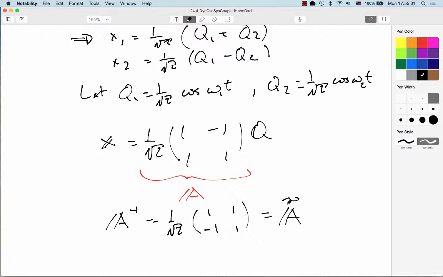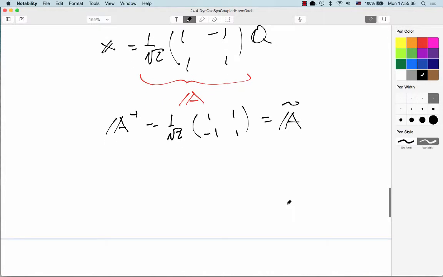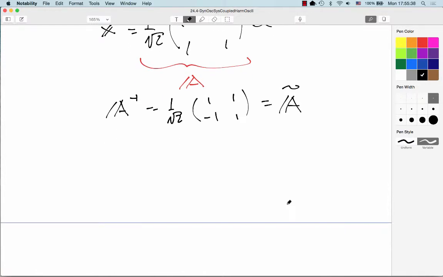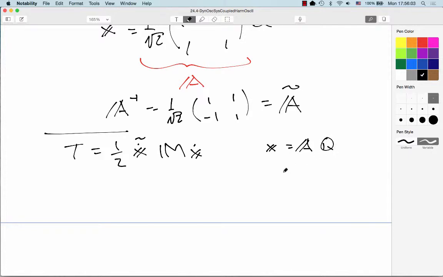All right, so now that we've got these normal coordinates set up, we can look back at solving the Lagrangian in these normal coordinates. So I can write my T again, just a reminder, that was 1/2 x dot twiddle M x dot. Well, if I think about it here, I can write my x as being A q, right?